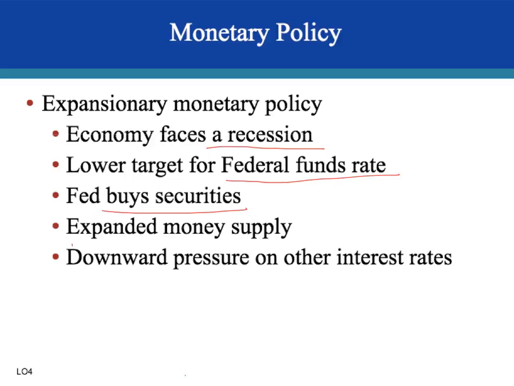Then banks have more money to lend. That increases the money supply, and that puts downward pressure on interest rates. And when interest rates drop, then investment rises. So aggregate demand will shift to the right. And we'll do a couple of graphs on that.